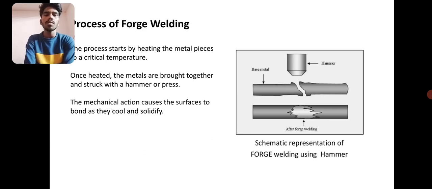So the process starts by heating the two metal pieces to their critical temperature. Once heated, you bring them close together, and by hammering we solidify those metals, and then the metals are joined into one metal.